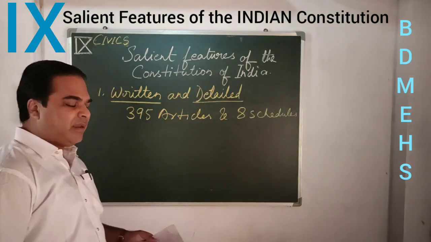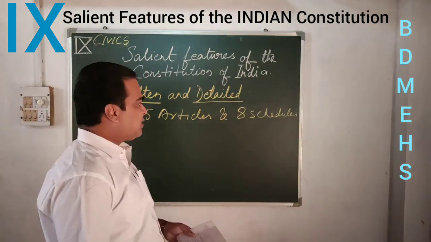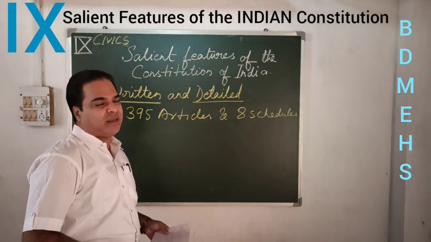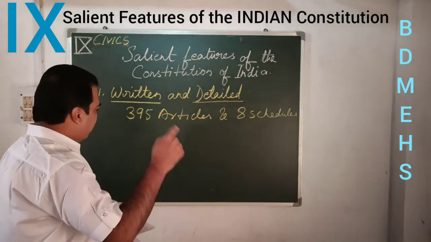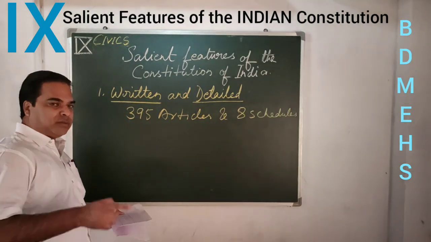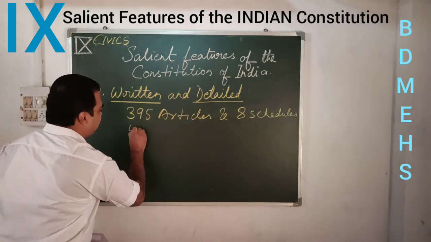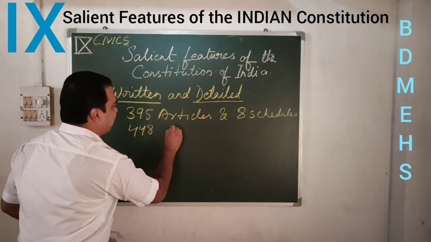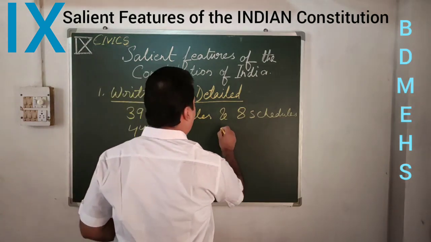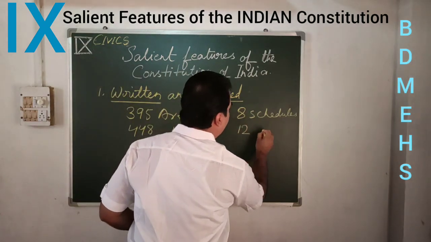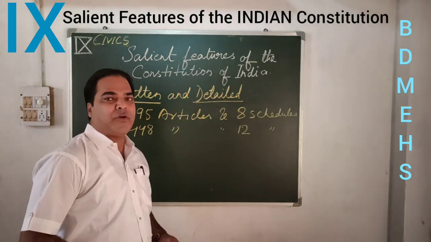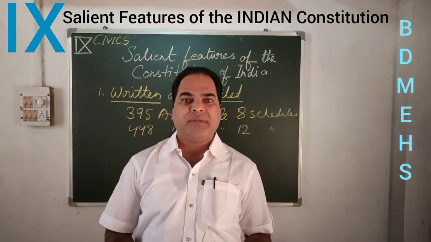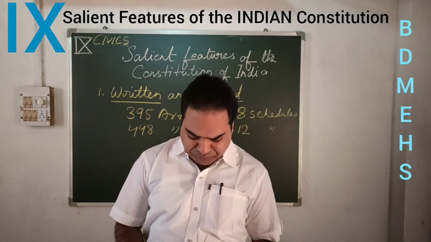How many? 395 articles and 8 schedules in the beginning when the constitution was commenced. But right now we have 448 articles and how many? 12 schedules. 448 articles and 12 schedules.